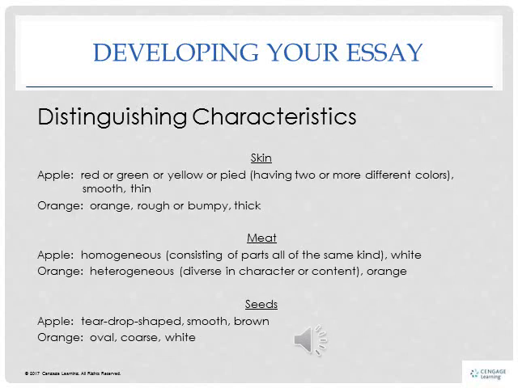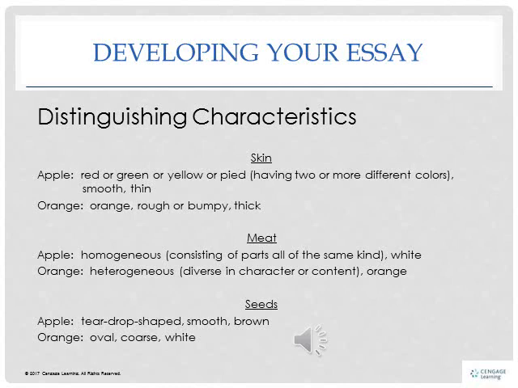For purposes of this lecture, I have limited the distinguishing characteristics that I'm discussing. In my face-to-face classes, I usually allow the students to come up with these distinguishing characteristics, and often I am surprised at what they know about the differences between the points of contrast of an apple and an orange.